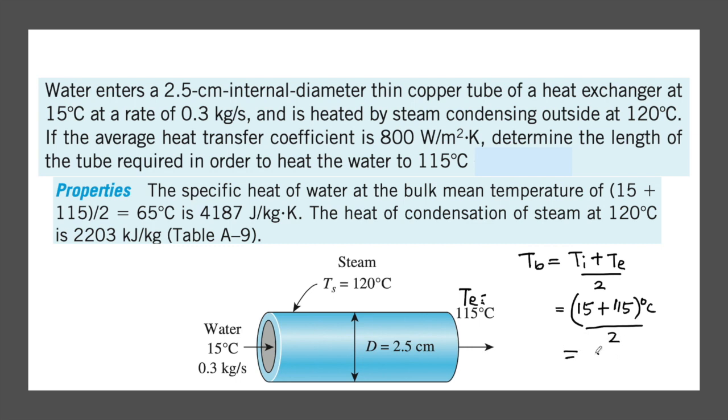Therefore, you will get 65 degrees Celsius. So you have to evaluate all the properties at 65 degrees Celsius and not at 15 or 115 degrees Celsius. So at this point, we want to find what is the Cp of water.